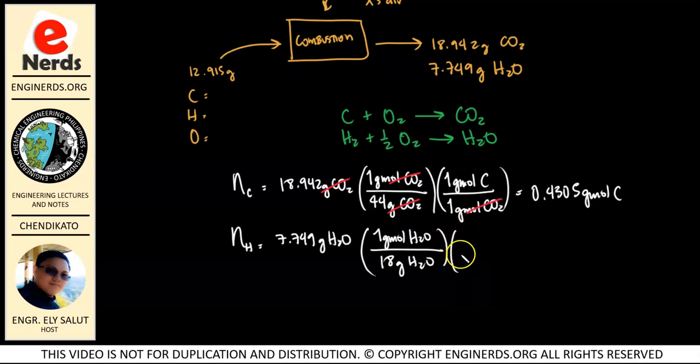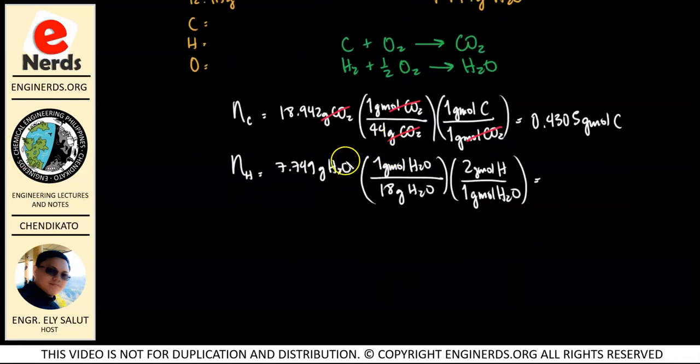Base sa ating balance here, for every 1 gram mole of water, we have 2 gram mole of hydrogen. Okay? Single atom. So, ano yung magiging unit natin dito, no? So, we will have gram of water will be cancelled out. Gram mole of water will be cancelled out. So, our unit will be in gram mole of hydrogen.